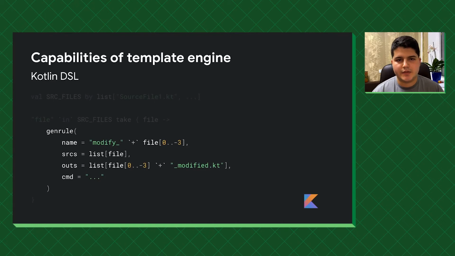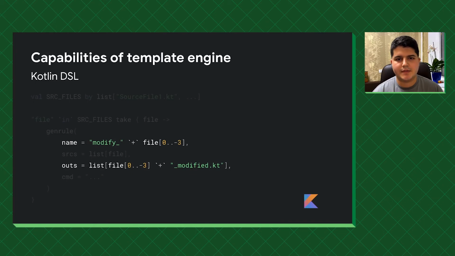So next we can just use regular Kotlin function for using a general and define different calls to rules. And it's important that we can have slice expressions. Moreover, we can have concatenation expressions. And as you can see, we have also type safety still preserved.